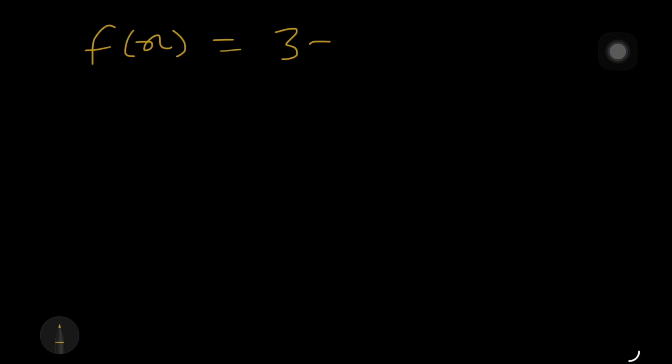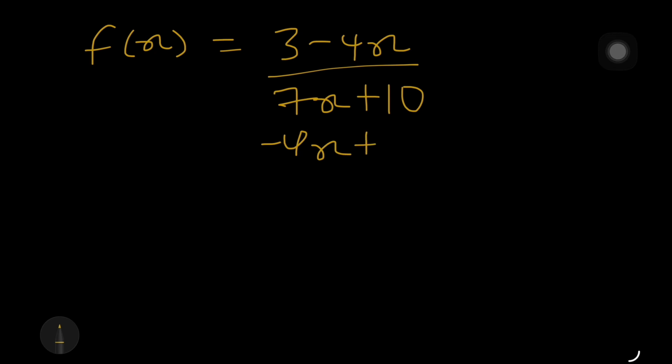f of x being 3 minus 4x all over 7x plus 10. First of all, before we solve, as I said, the x's must be on the same position, so we must reposition this to give us negative 4x plus 3 over 7x plus 10.